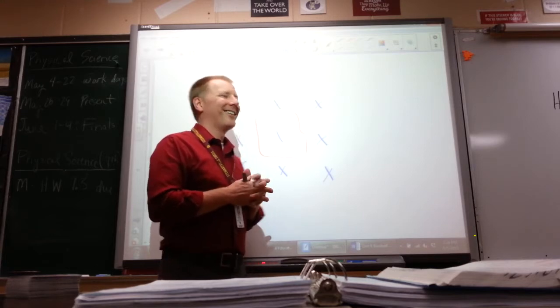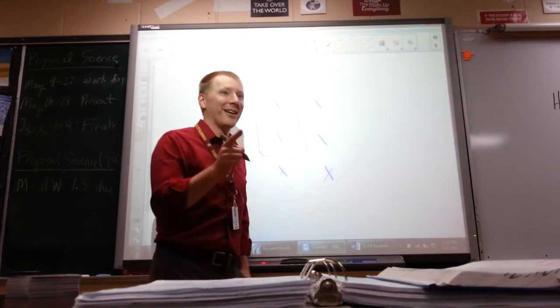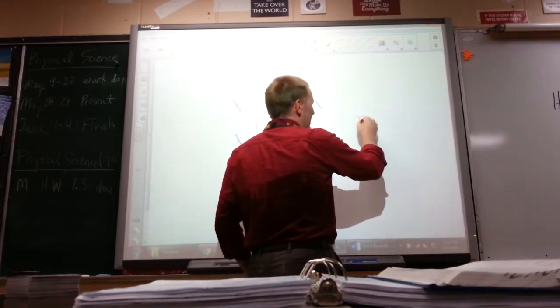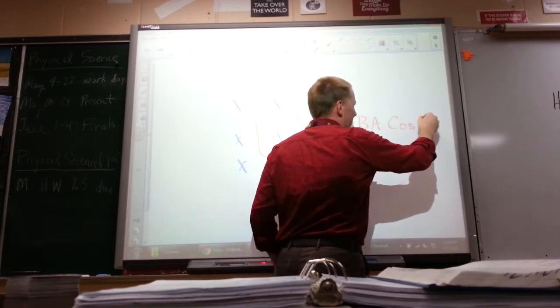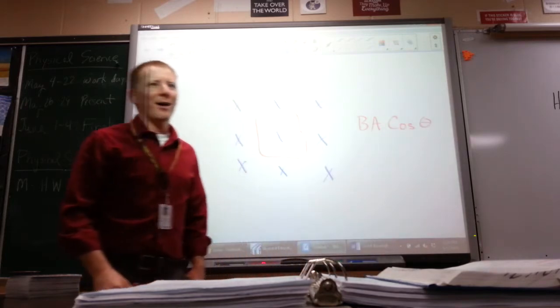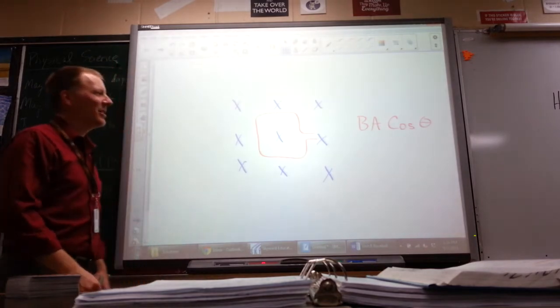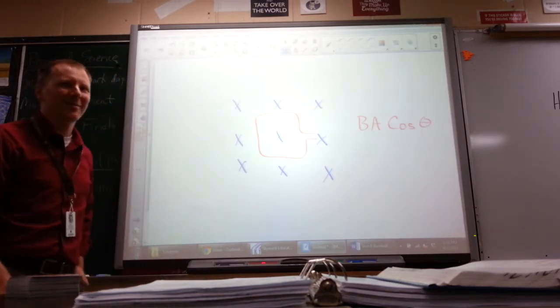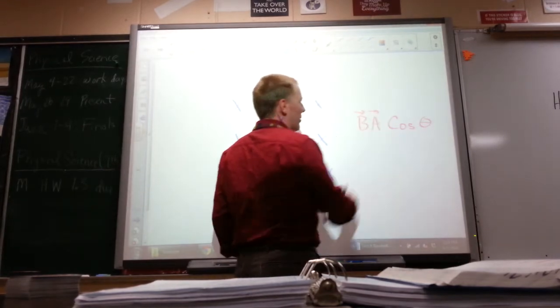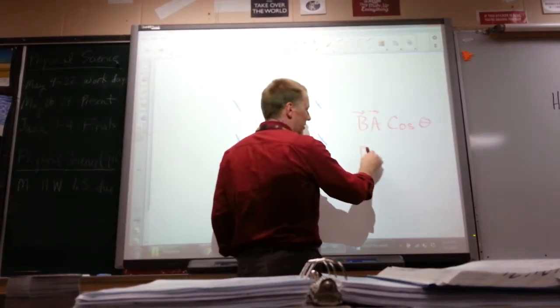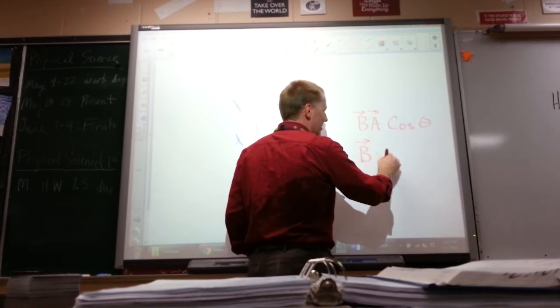Between the magnetic field and the area. You'd said that was B times A times cosine of theta. It's not just a BA formula, it actually means something. These two would be vectors. It's a dot product, right? So this would be B dot A.